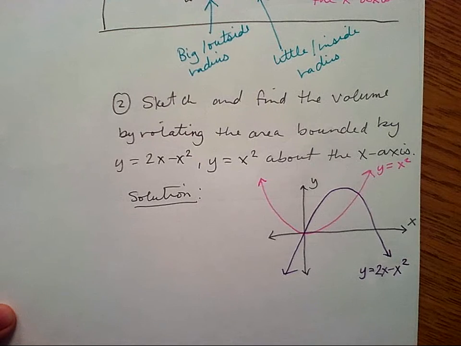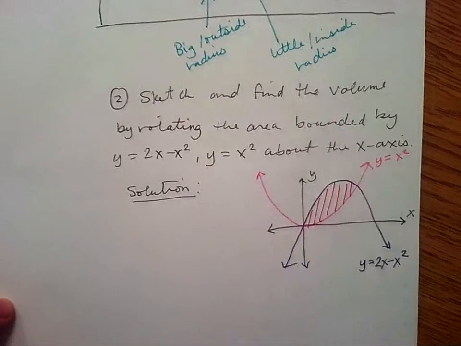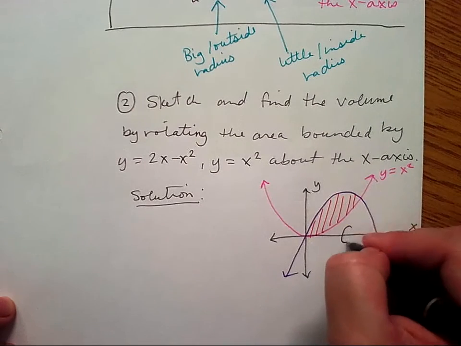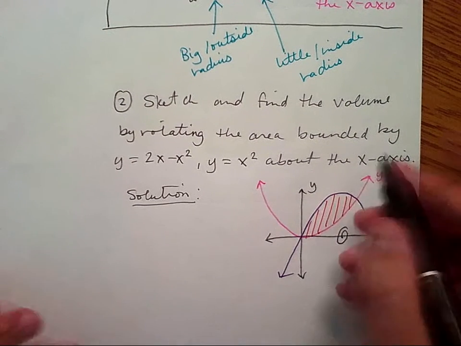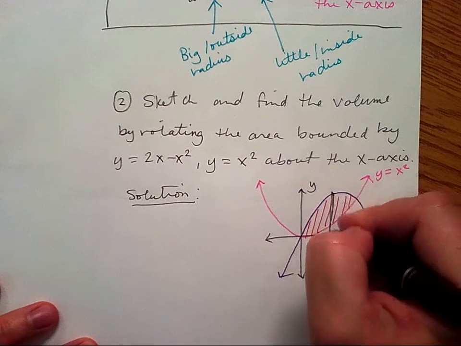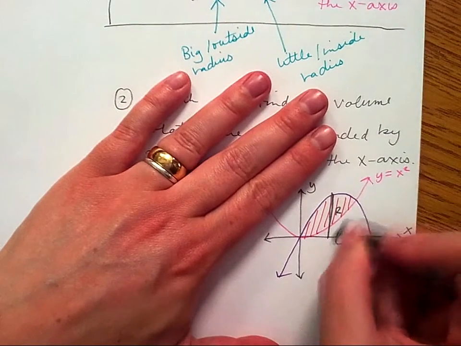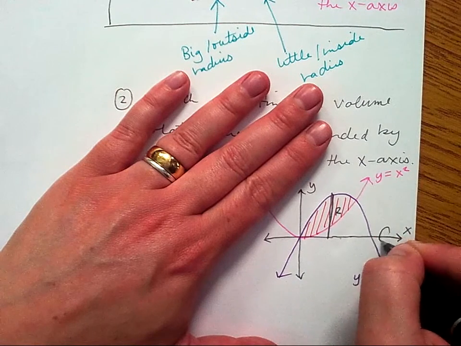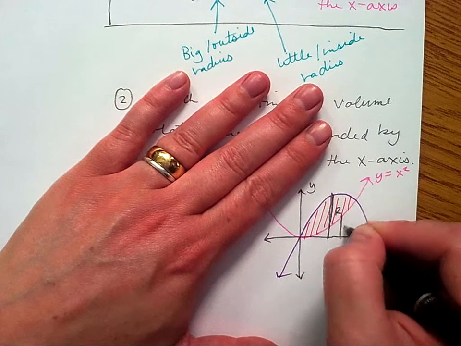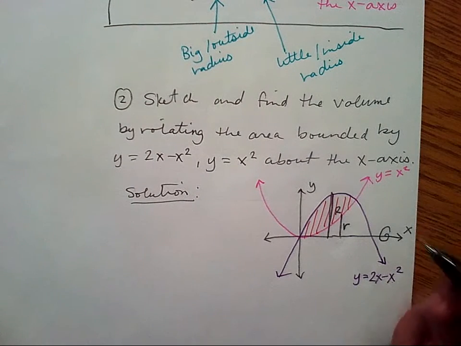Okay, so this is the area I want to rotate, right? And I'm going to rotate that around the x-axis. Okay? So let's figure out what the big radius is. That's R, right? That's my big radius. So my big radius is the purple. And my little radius is right here, right? I always like to draw what that is.